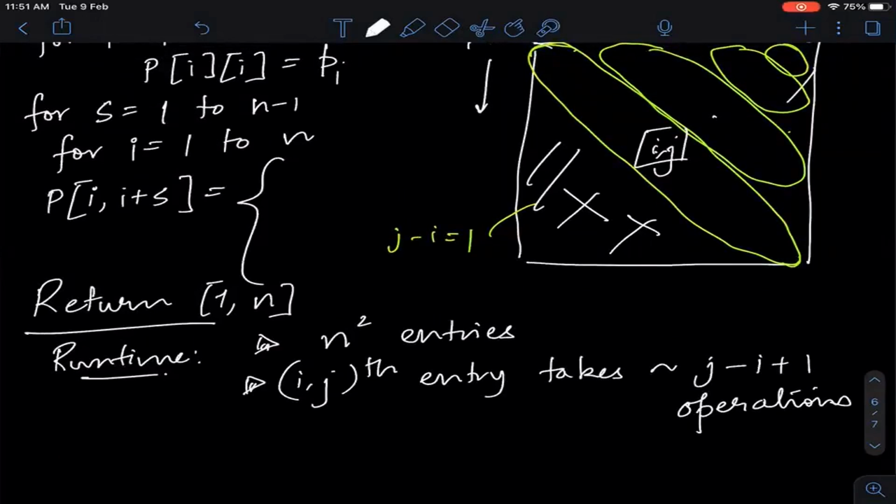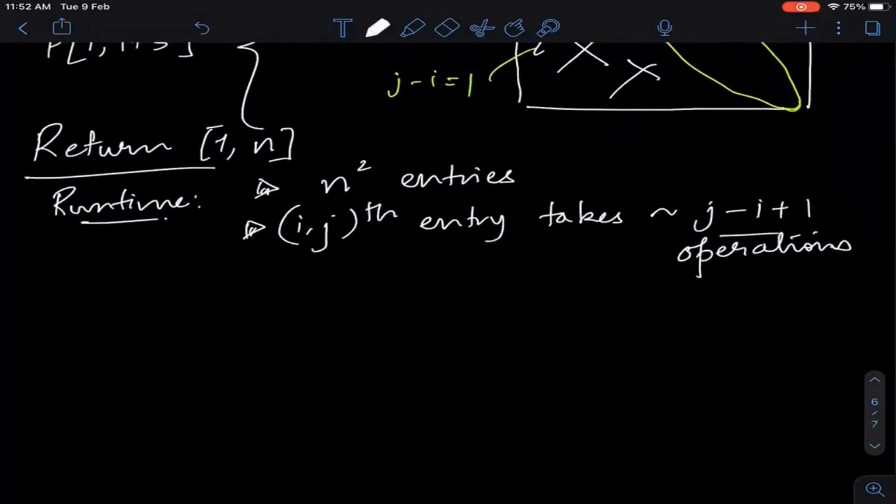But as you go towards the end, for at least half of the diagonals this difference is going to be quite large. It's going to be roughly order n, right? n over 4 or something like that. So you indeed need to consider order n possibilities for computing each of the entries. So this gives us theta of n cubed.